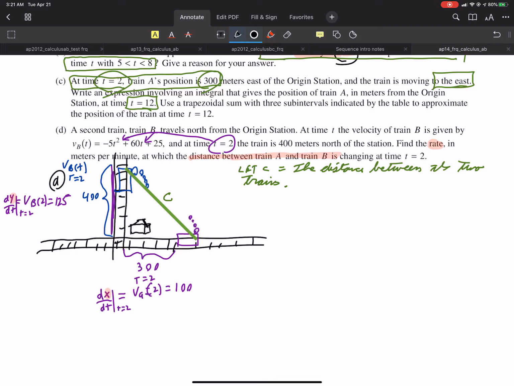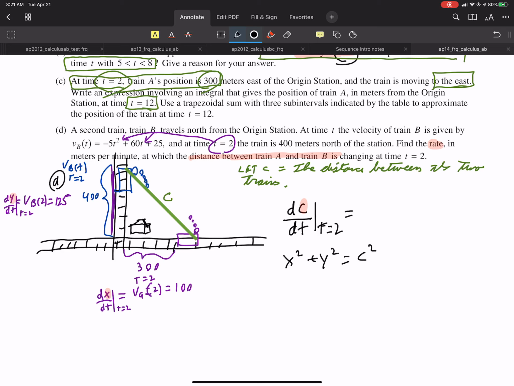So they want how fast C is changing when t equals 2. So our three variables are x, y, and c, because I called this x. So we need an equation involving those. Clearly it's the Pythagorean theorem. x squared plus y squared is c squared.